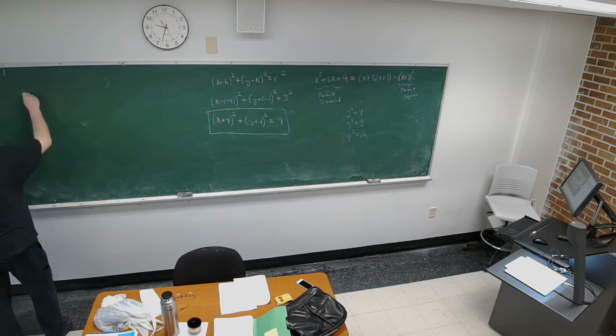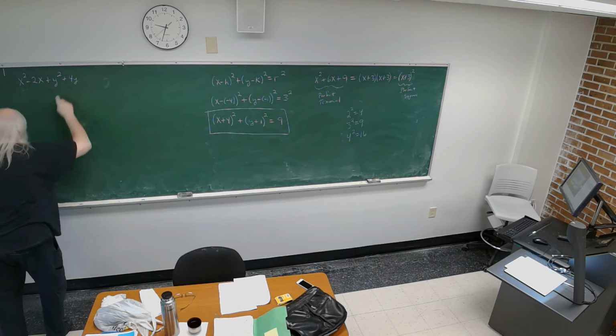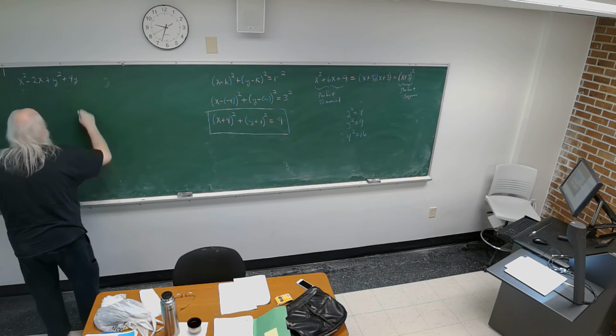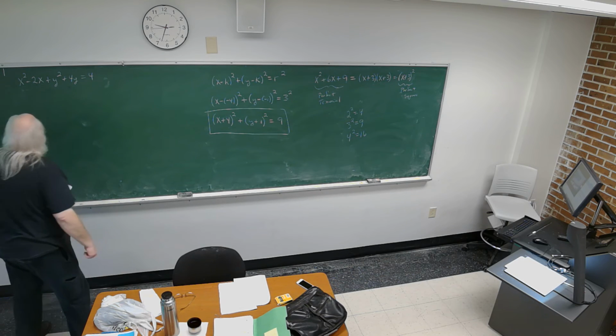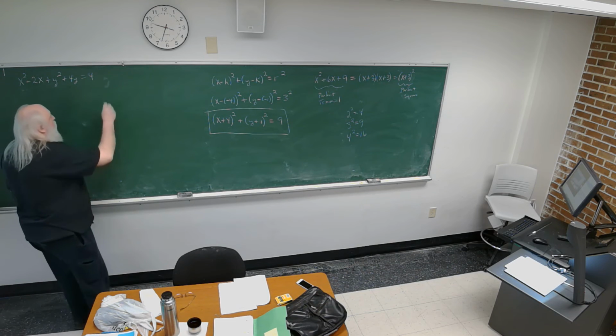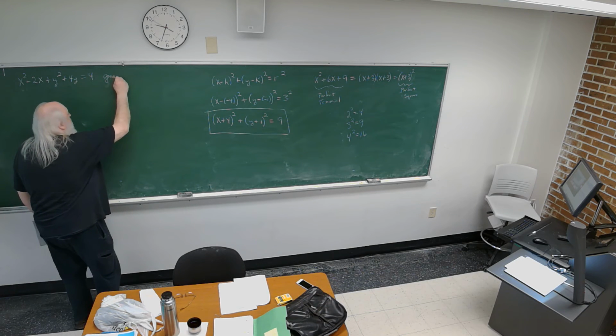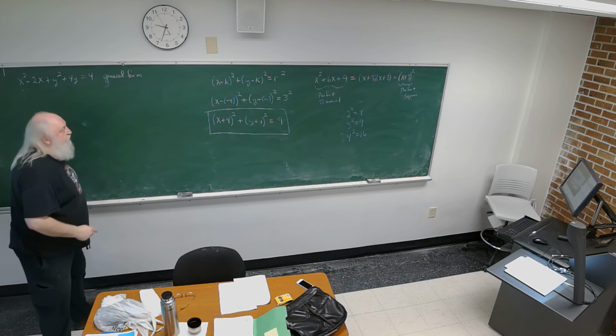So on A, we have x squared minus 2x plus y squared plus 4y is equal to 4. Now, step number 1. This is called general form, and now we've got to rewrite it in standard form.